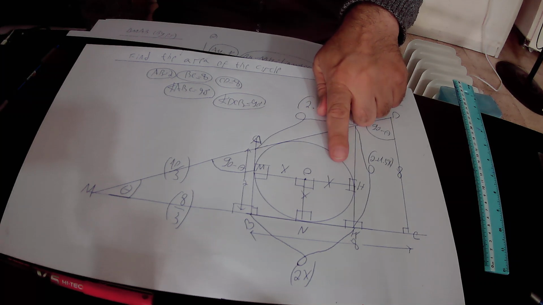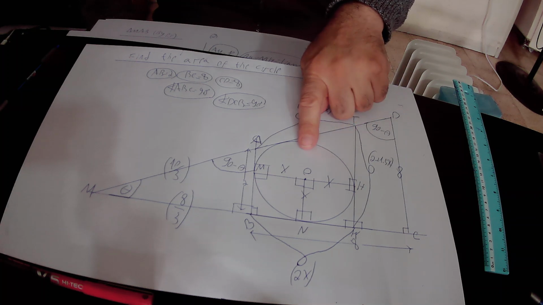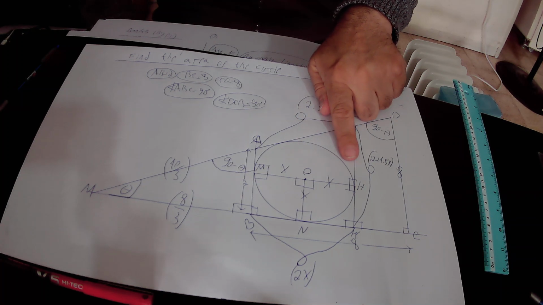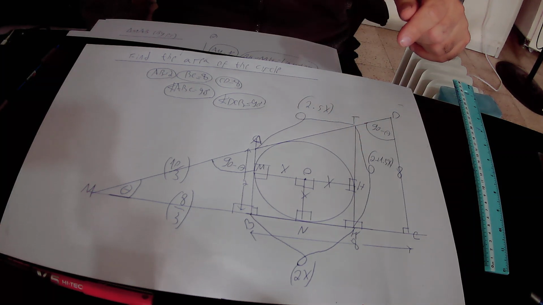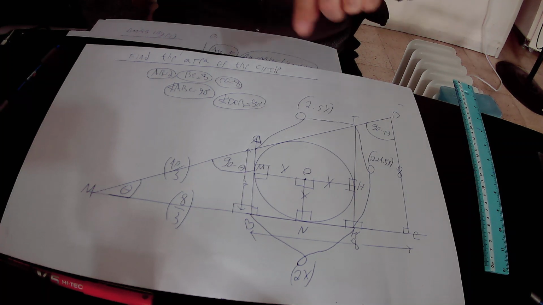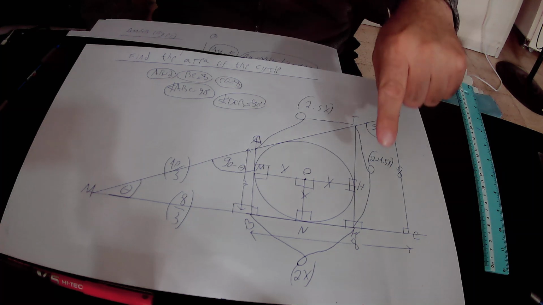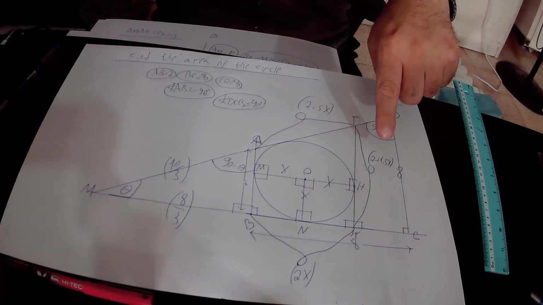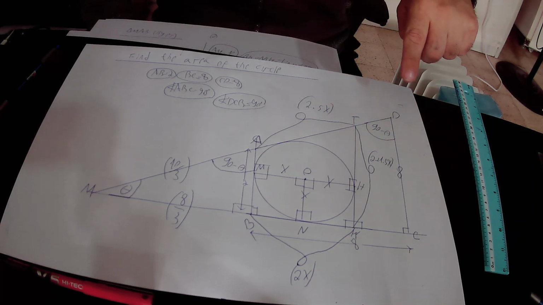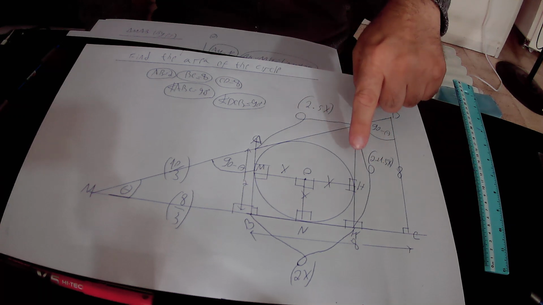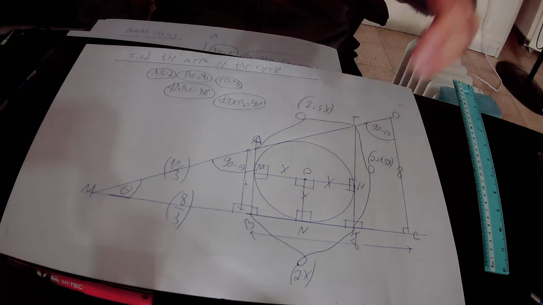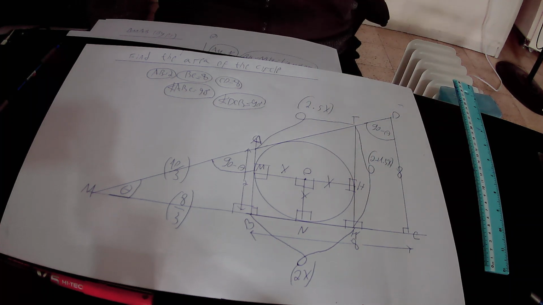OH is the radius of the circle that is equal to X. The radius OH is drawn to point H, that is the point of tangency of tangent TH with this circle, and therefore whenever a radius is drawn to the point of tangency, tangent TH will be perpendicular to the radius HO. If HT is perpendicular to HO, it means that this angle equals 90 degrees and this angle equals 90 degrees according to rule number 1.